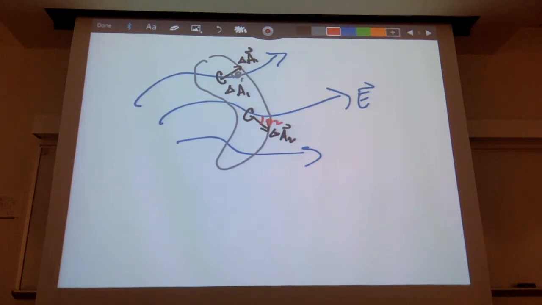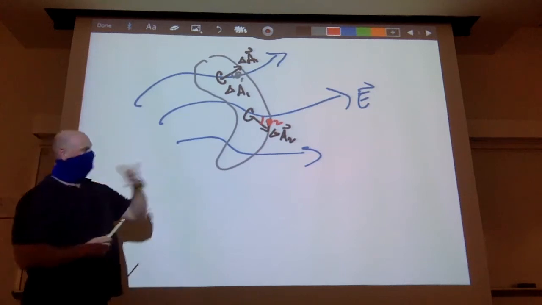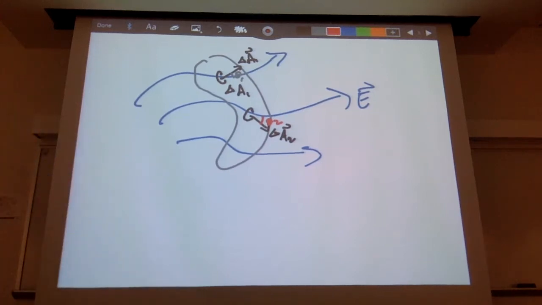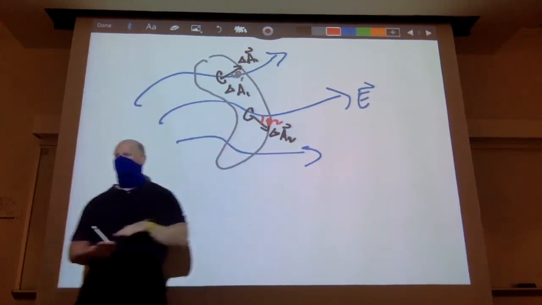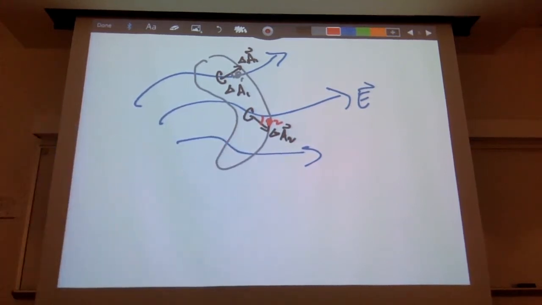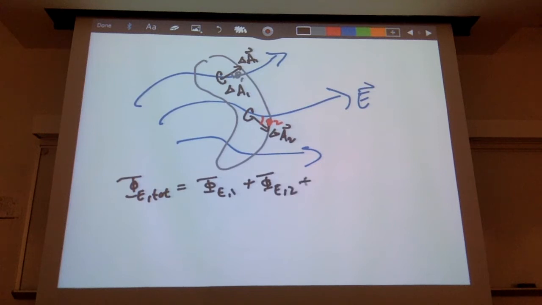So we're just going to chop this thing up into a whole bunch of small delta areas, calculate the flux through each one of these small delta areas, and sum all those together. So the total electric flux is equal to the electric flux through the first area, plus the electric flux through the second area, plus and so on.